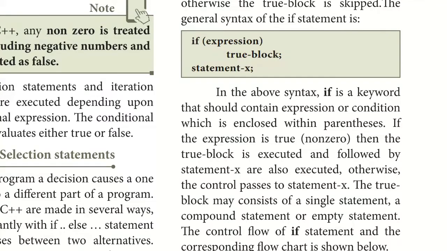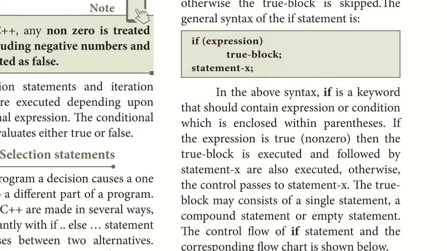But when the condition is false, the true block will not be executed, and it will directly move on to the statement x. So this decision making system is changing or skipping some lines of code. Okay, so this is known as selecting. So the C++ compiler, based on the program we have created, is selecting which statement to be executed. So this is known as selection statement.